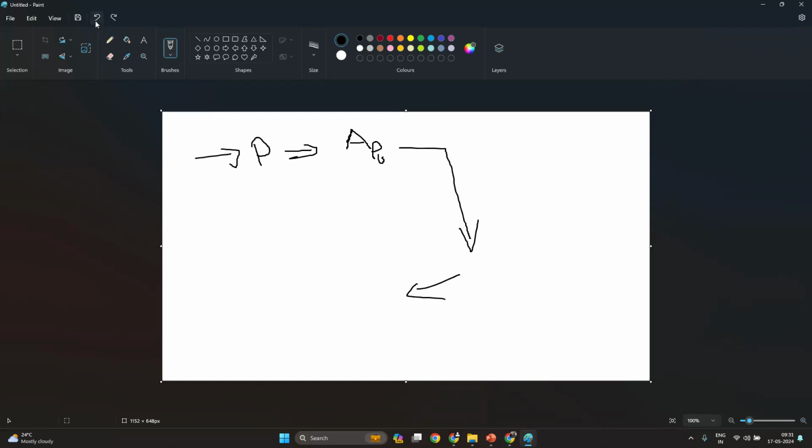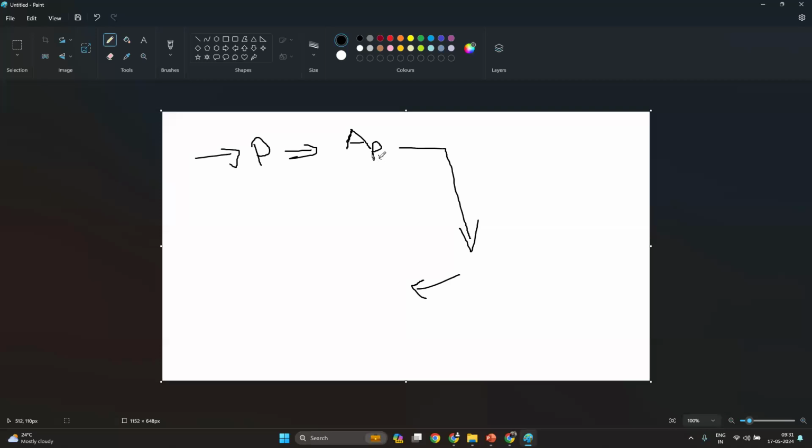Hold on, I think I just got it mixed up. So A is encrypting a certain amount of data with his private key. Okay, I'm bad at Paint, if you guys haven't noticed it yet.